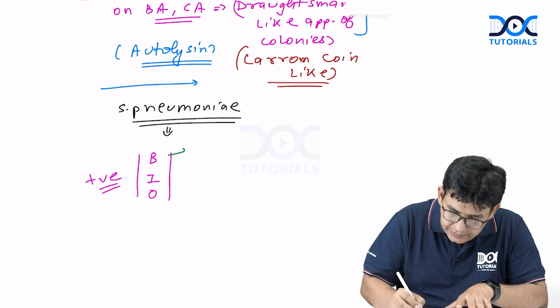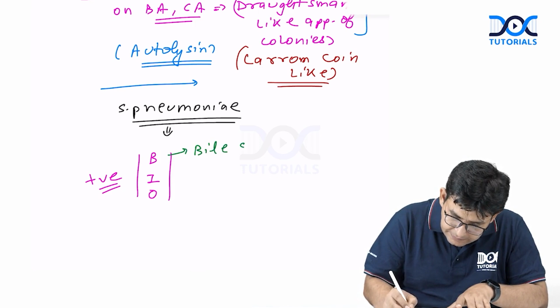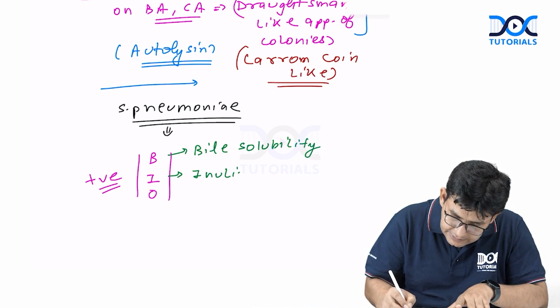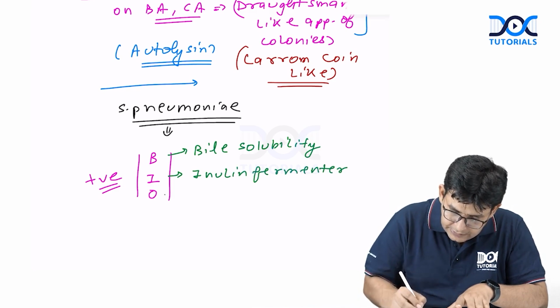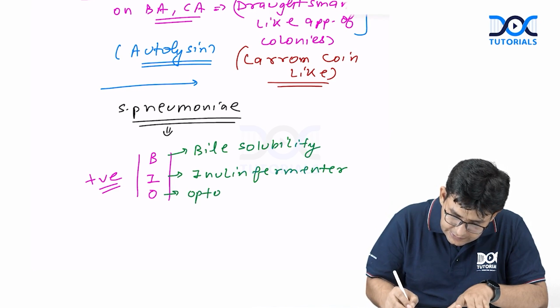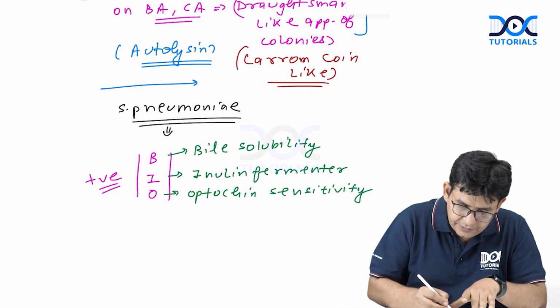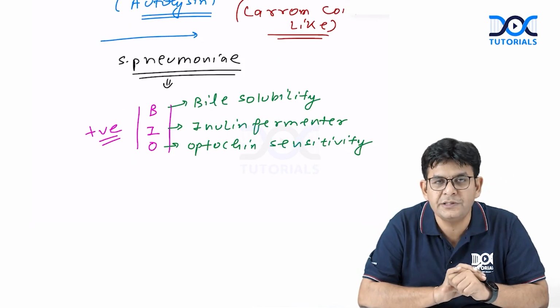So you should know: B is bile solubility, I is inulin fermenter, and O is optochin sensitivity.